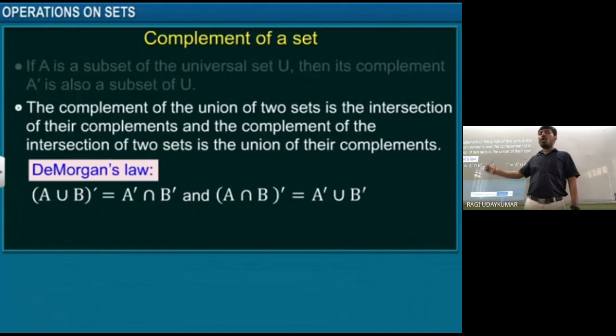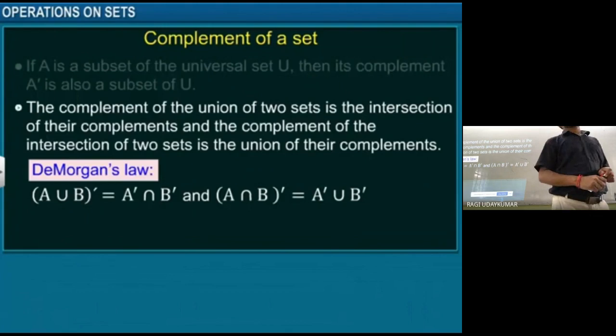A union B whole complement is equal to A complement intersection B complement. The whole complement of a union means an intersection will come. A intersection B whole complement is nothing but A complement union B complement. Whenever the whole complement is taken, we call these De Morgan laws.